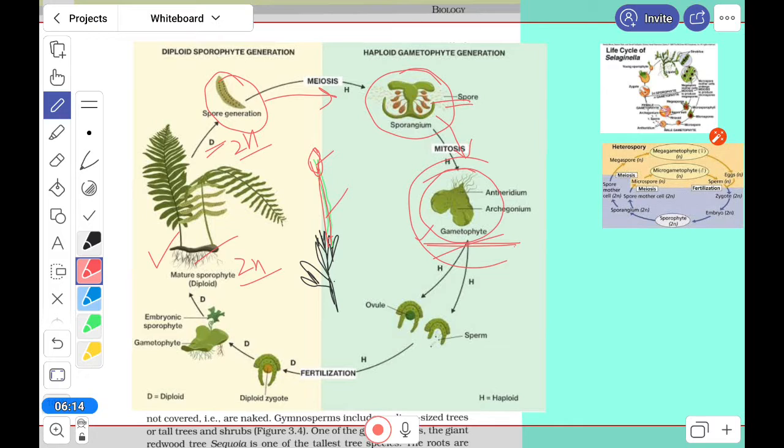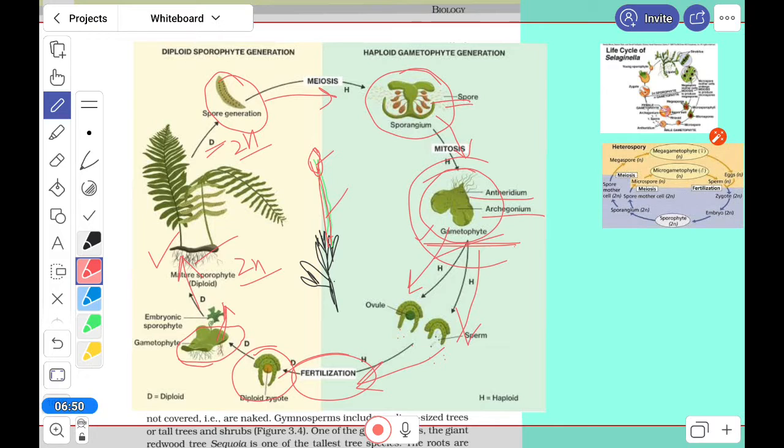Inside the gametophyte, the antheridium and the archegonium both are there. From the antheridium and the archegonium, the sperm and the ovum are produced. All are haploid. Look at the shaded areas, the haploid area. After fertilization takes place, the diploid zygote forms, and the sporophyte will develop.